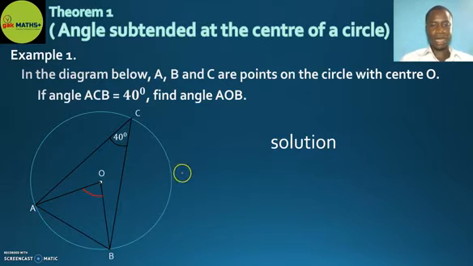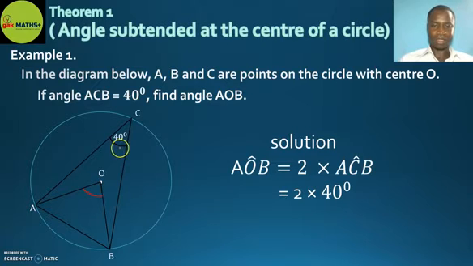Great. Now, let's observe how this question can be solved. According to the theorem, twice the angle subtended at the circumference, angle ACB, is equal to angle AOB.